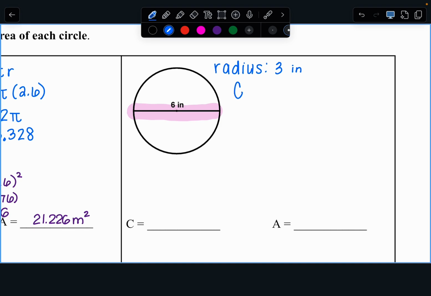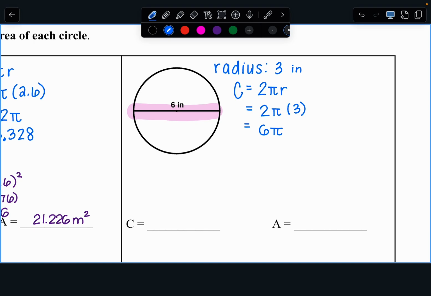So let's start with circumference again. Remember, that's 2 pi r. Our radius is 3. When we multiply, that gives us 6 pi.